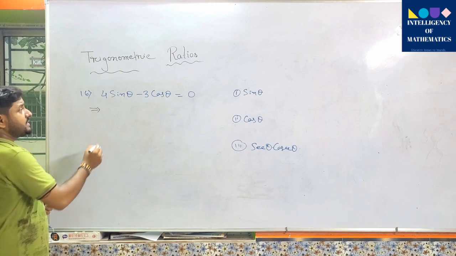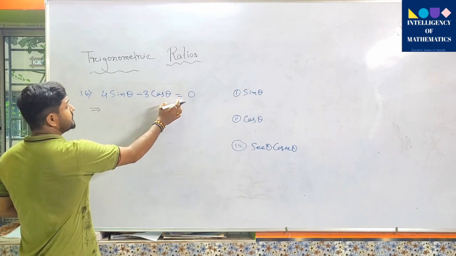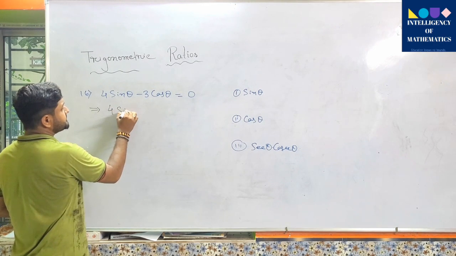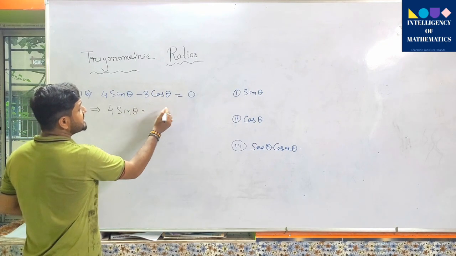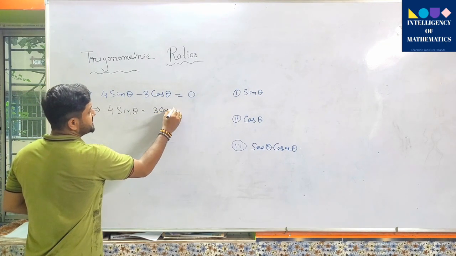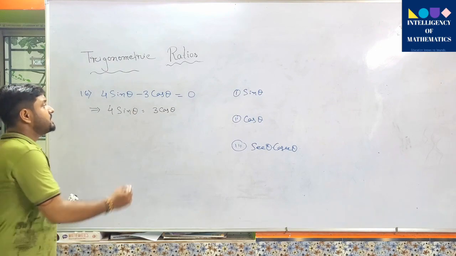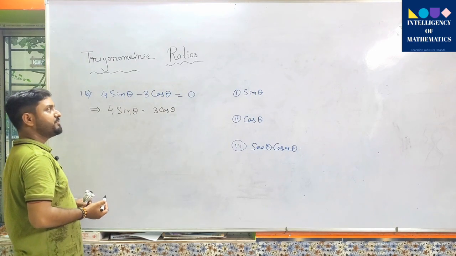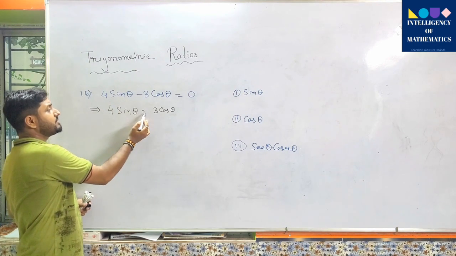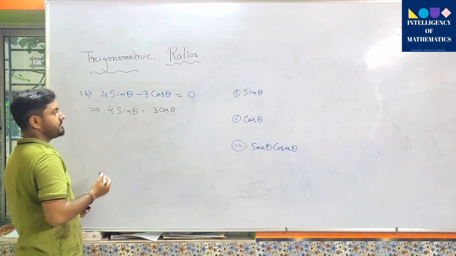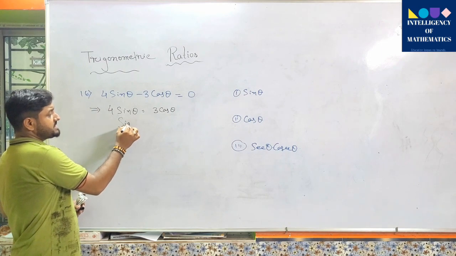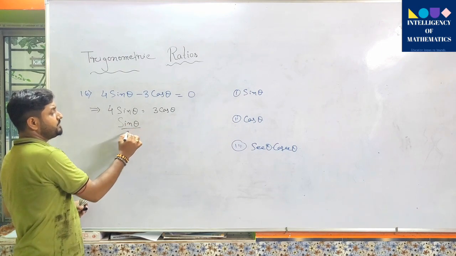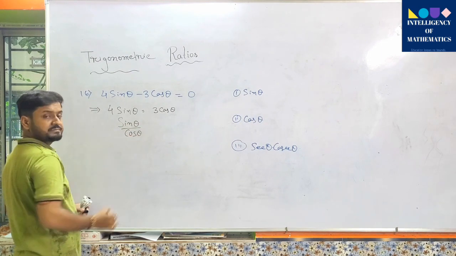4 sine theta is equal to, we will make this 3 cos theta. How did we make it? This minus we have shifted to that side, so it becomes positive. So 4 sine theta equals 3 cos theta. Now what we will do, under this sine theta we will bring cos theta.